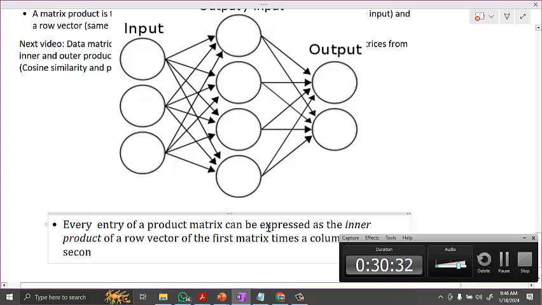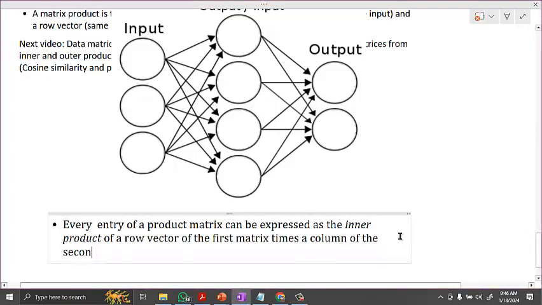Let me get rid of this thing. Column of the second matrix. Okay. So that's the importance of inner product in matrix multiplication.